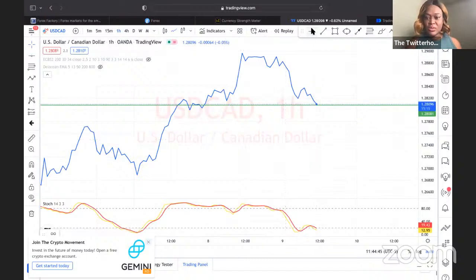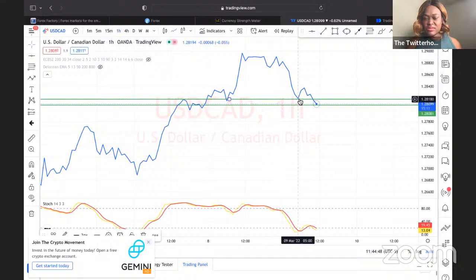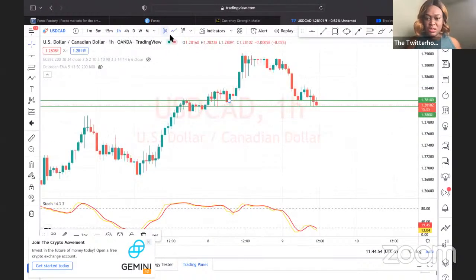But then on the hour, this is a floor. So also I could look for it to retest here at 180 to continue going down.